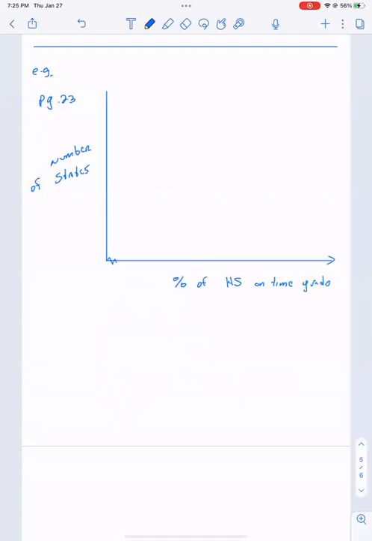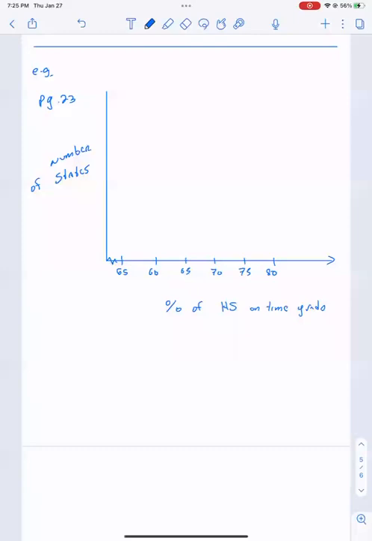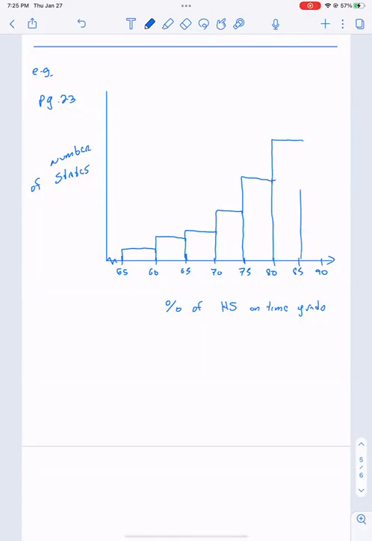It starts at 55, 60, 65, 70, 75, 80, 85, 90, and it has a basic shape like this. It's a little more accurate, of course, in the book, but it looks something like that.